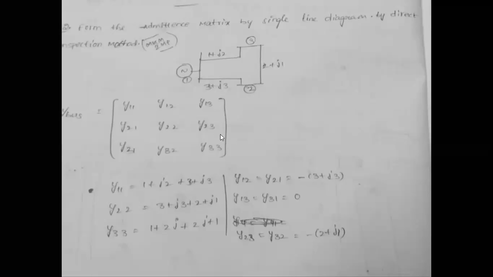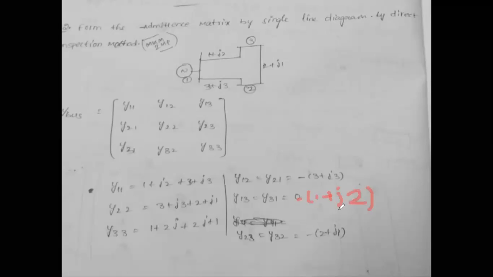Next Y13. Between 1 and 3 we have the element 1 plus j2, so Y13 is minus of 1 plus j2.